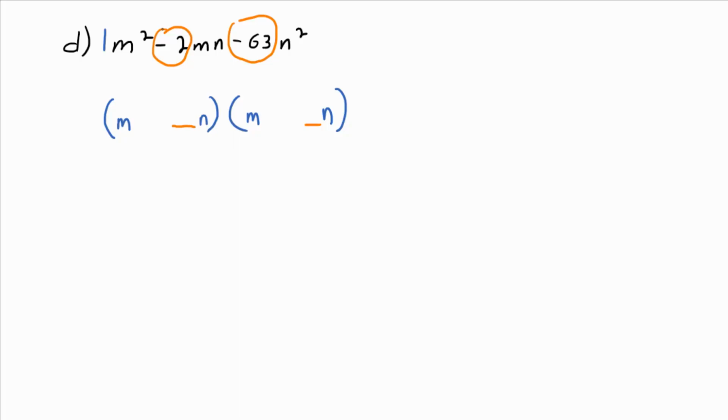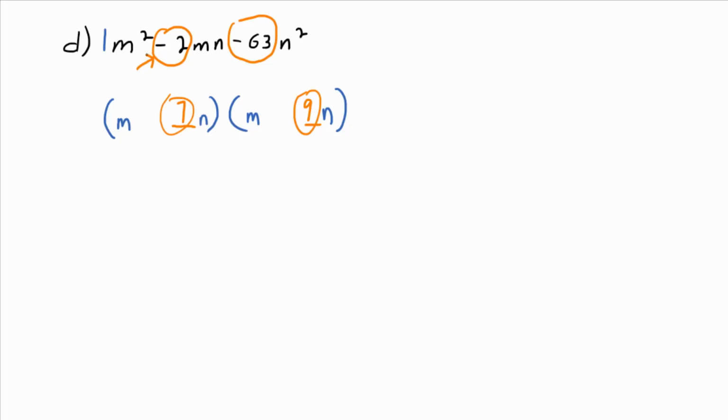So you know one of them's negative, but forget about that. Think about two numbers whose product is 63 that have a difference of 2. Just for a second, forget about the negatives. 7 and 9. Okay, so you fill in the blank, 7 and 9. Now, to get a negative 2, the sum of these two numbers here and here have to be negative 2.